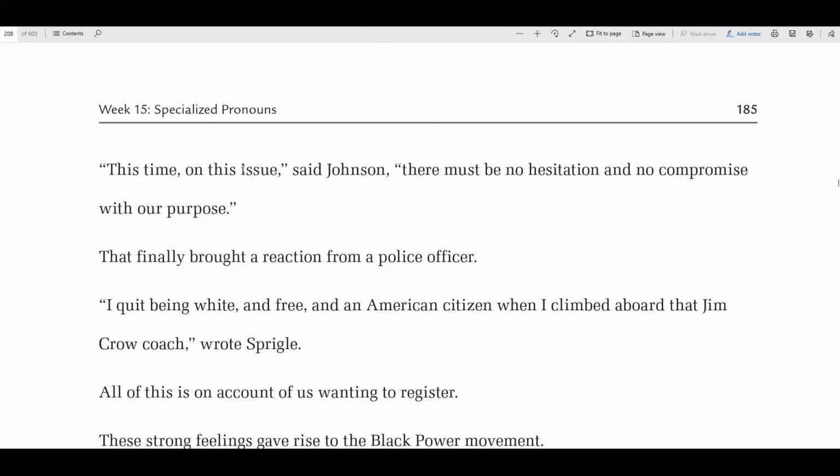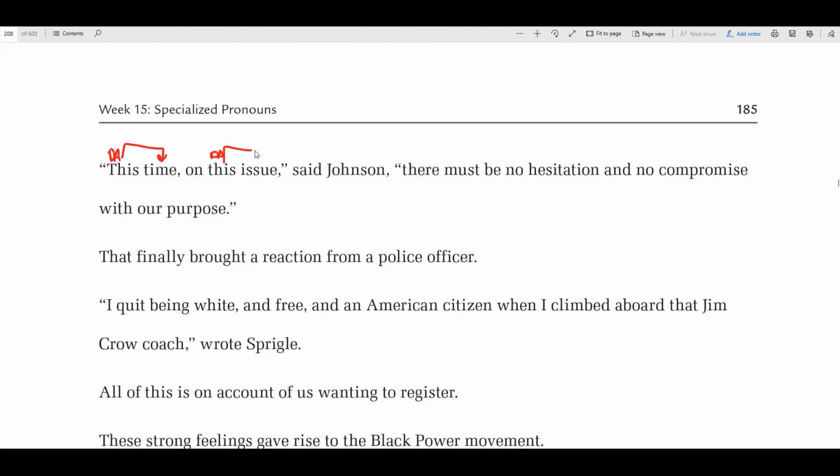This is a DA, demonstrative adjective, because it's saying which time? This time. And on this issue, same thing. Which issue? Which one? Be a demonstrative adjective. Both of those would be. Okay, let's check those. Correct?